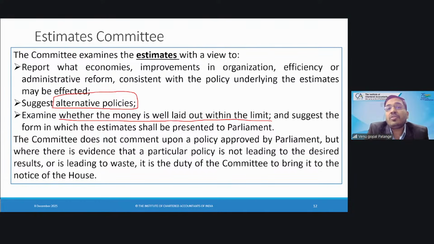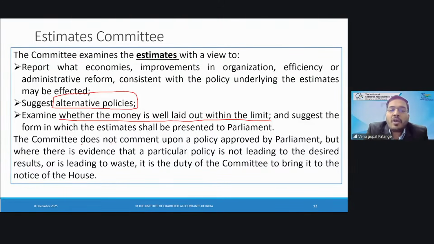If someone took an estimate of 1,000 crores and spent 800 crores, and 200 crores was misutilized or spent unnecessarily, then 200 crores of public money went to waste. Okay. So the Estimates Committee saves that money.